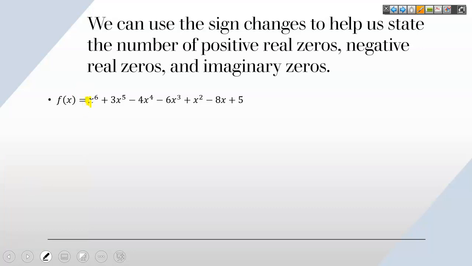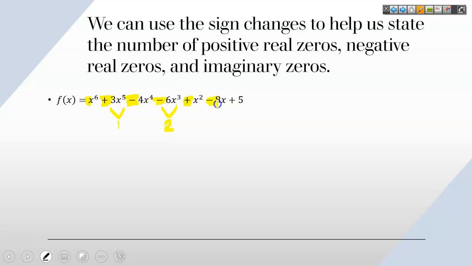So this is positive and this is positive. Therefore, no sign change. This is positive, this is negative, therefore 1 sign change. Negative, negative, no change. Negative, positive, a second change.